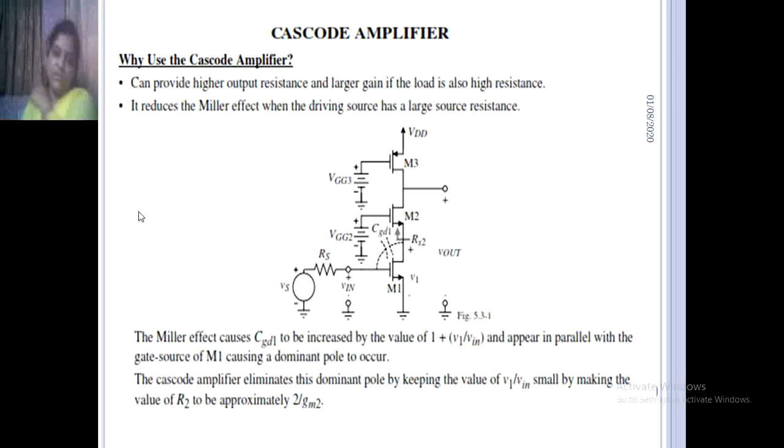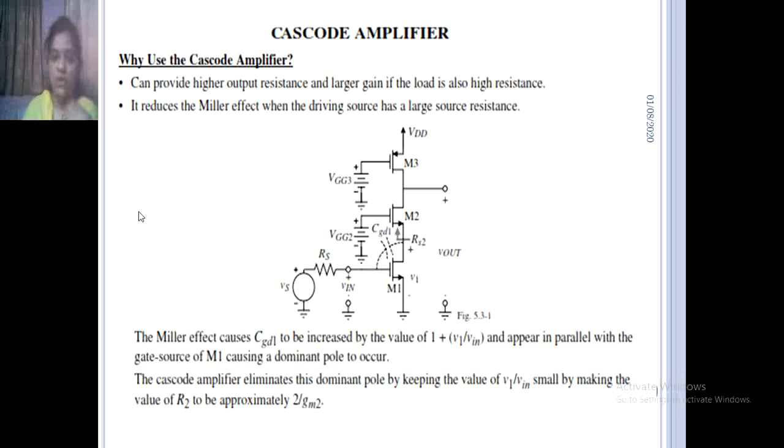It also reduces the Miller effect when the driving source has a large source resistance.